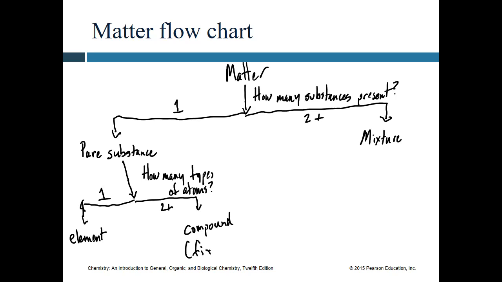And under compound, we're going to write the words fixed ratio. The reason we're going to do that is because what makes a compound different from a mixture is that the atoms that make up that compound exist in that fixed ratio.